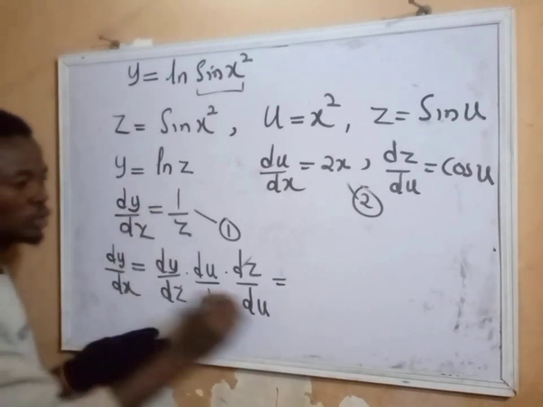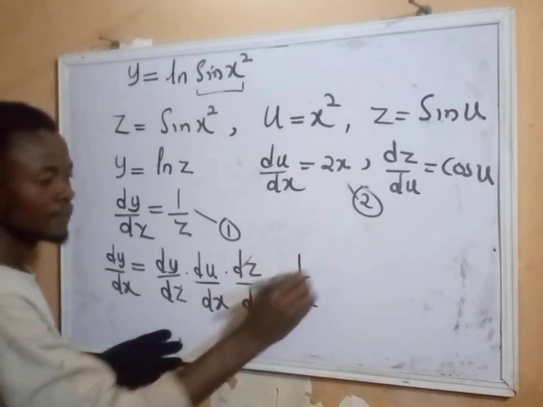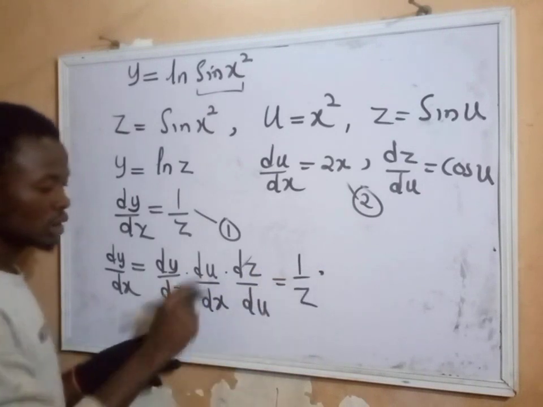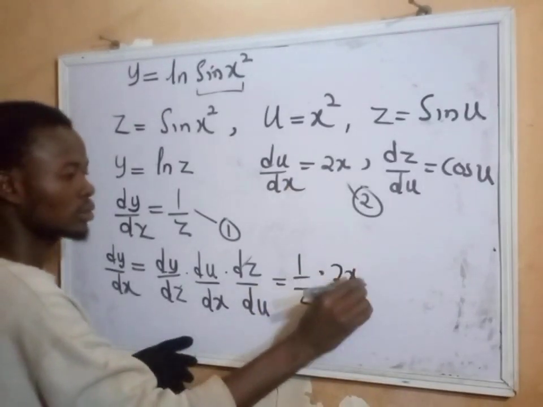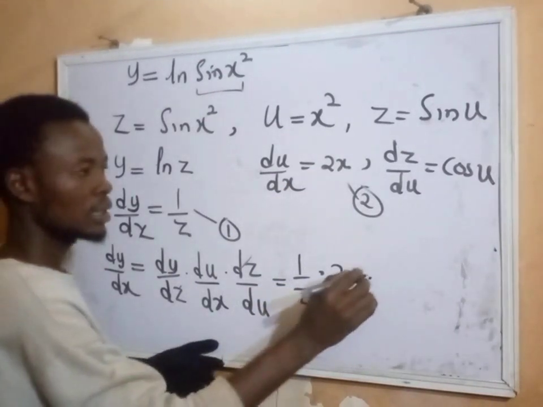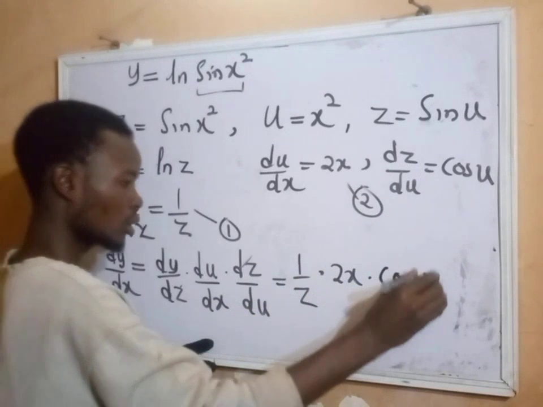dy/dz equals to 1 divided by z, dot du/dx equals to 2x, while dz/du is cos of u.